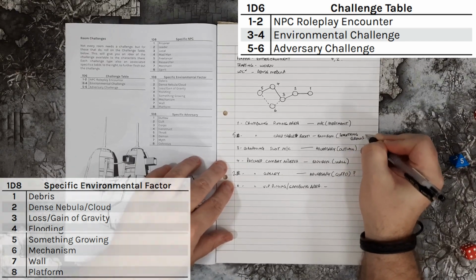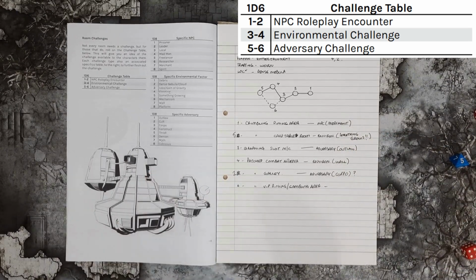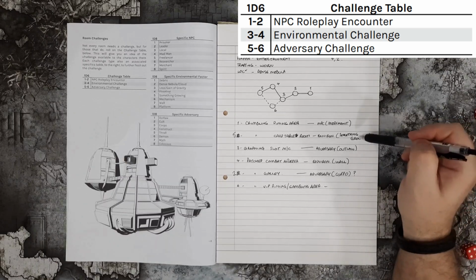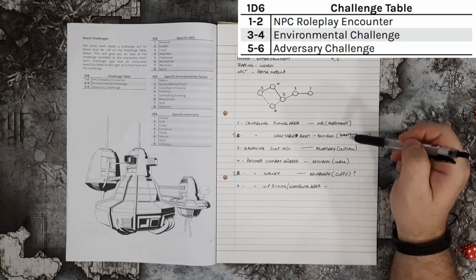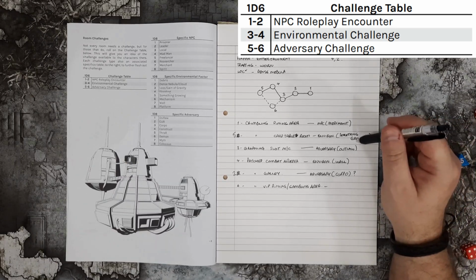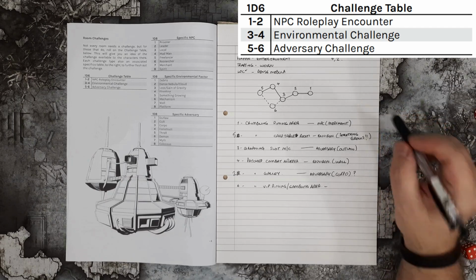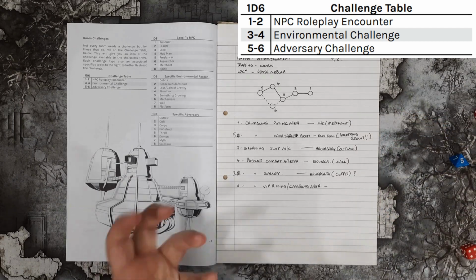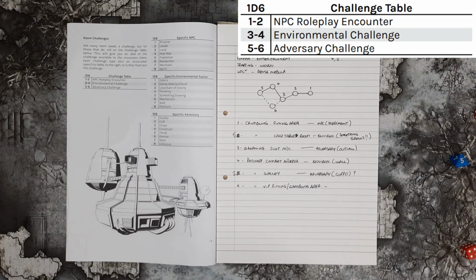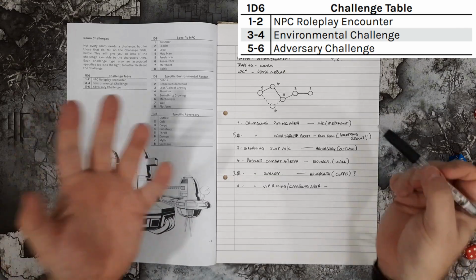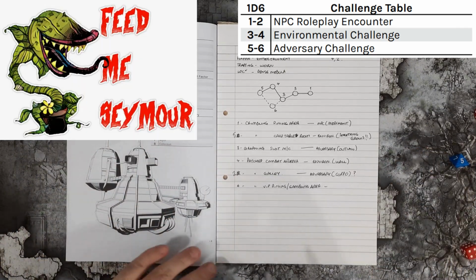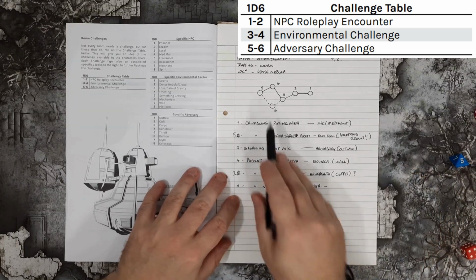Something grows. That could work. Maybe it's some kind of mold that we can't see that could cause health issues later. Maybe something's going to come bursting up through the floor, some kind of alien plant. Like Little Shop of Horrors. Feed me now.